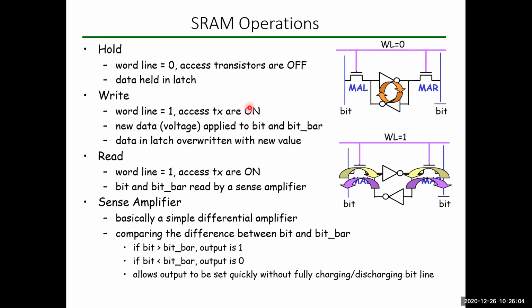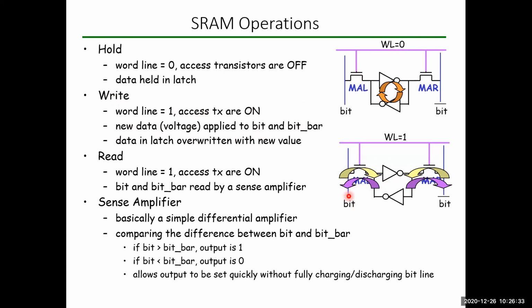Coming to the write operation, whenever the WL equals 1, you can see the write and read operations over here. Whenever the WL equals 1, both the access transistors are turned on. Now we are writing the data: a new data is applied to the bit line. We know that our data can be either logic 1 or logic 0.